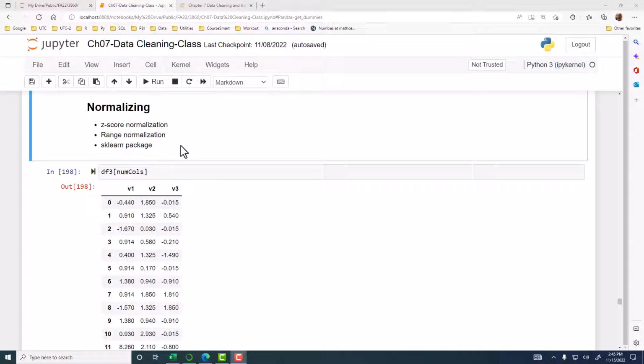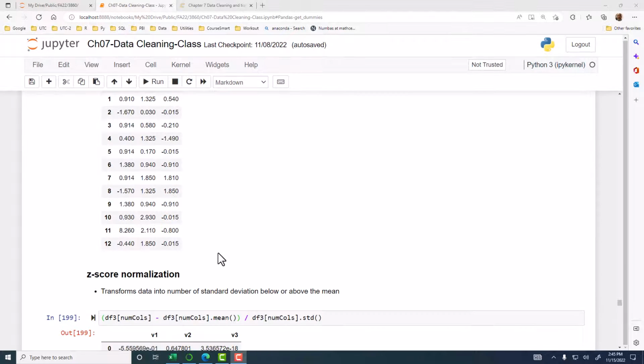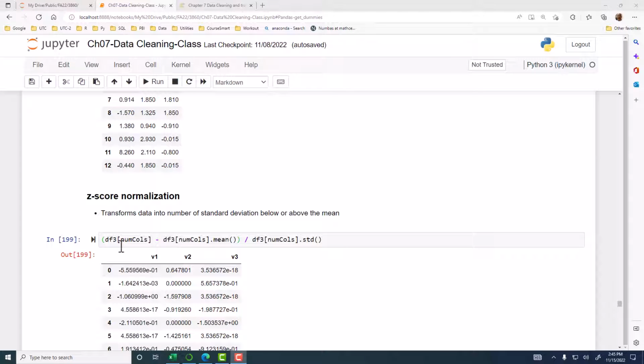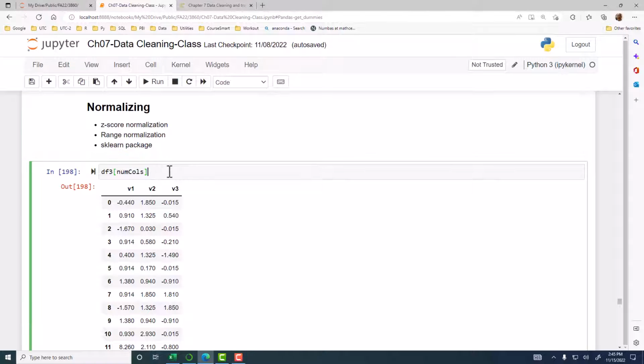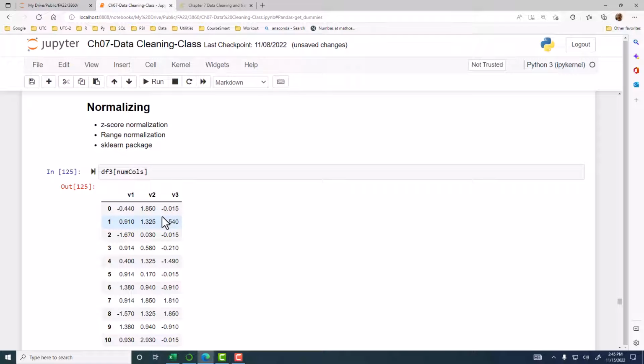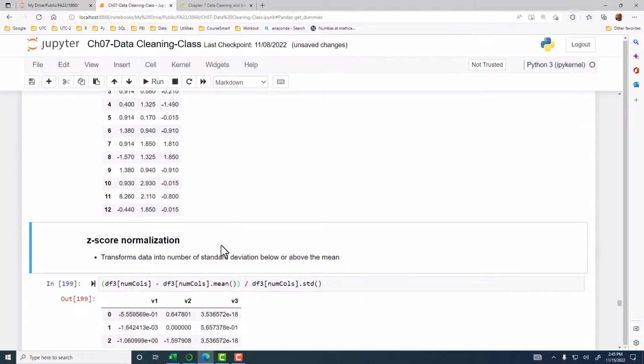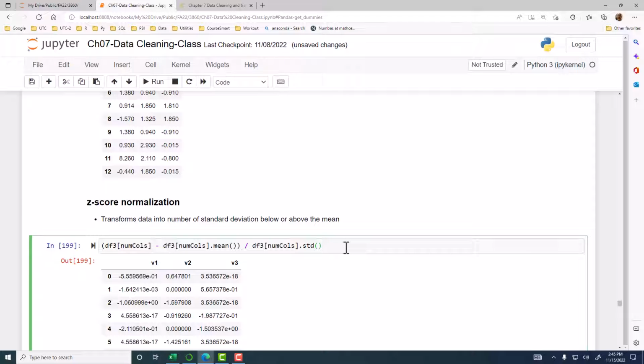We can use z-score normalization by simply computing. So you can do it like this. So we already have the numcols, okay, which is those three columns. Z-score normalization is simply you take the numeric columns, subtract the mean, and divide by the standard deviation.